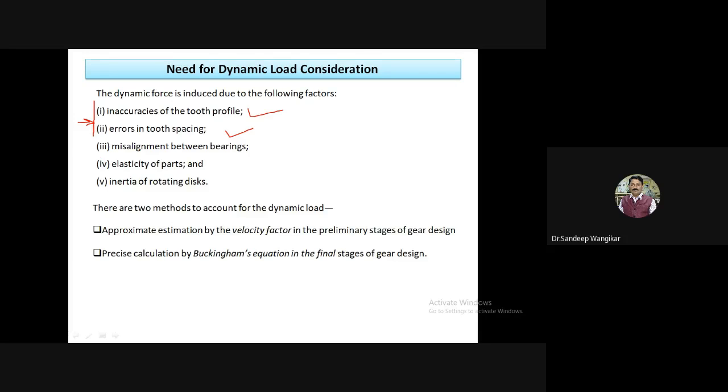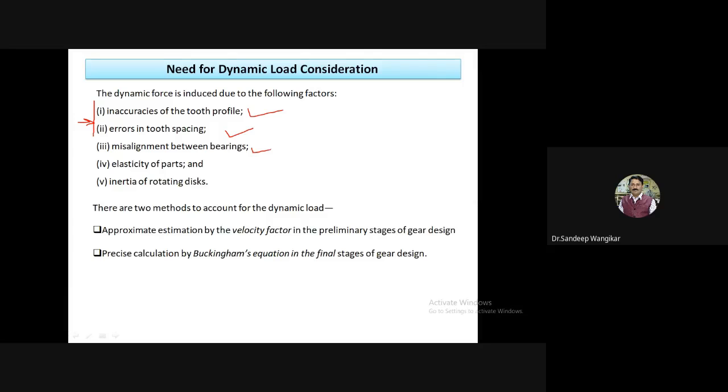Then misalignment between the bearings. If the bearings are not aligned as per requirement... Bearing is an element which permits the relative motion between two parts. We will be discussing these bearings separately, with all other aspects, bearing types, design considerations, selection of bearing from catalog. It is a different topic. The bearings are mounted on the casing or housing of the shaft.